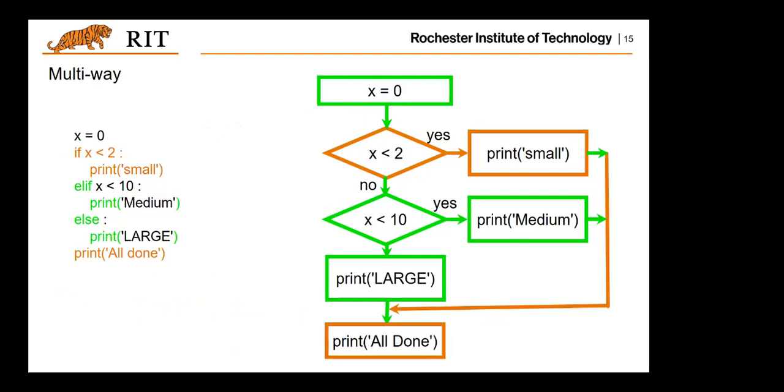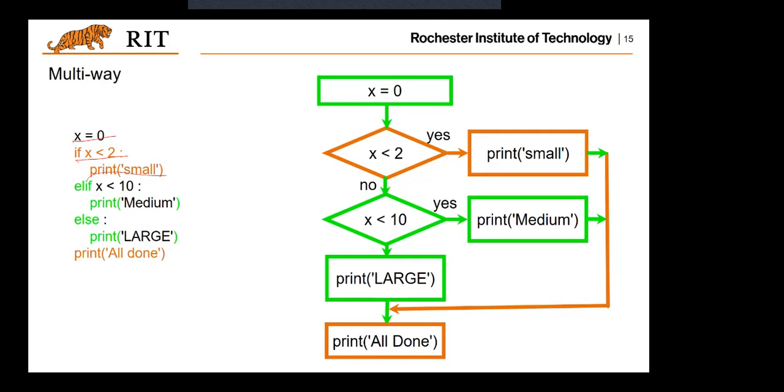So let's look at this example. Basically, that's the original one, but that will give you some idea if x has a different value, what happens. So in this example, if x is 0, that means when you check this condition, it is satisfied, then print small.